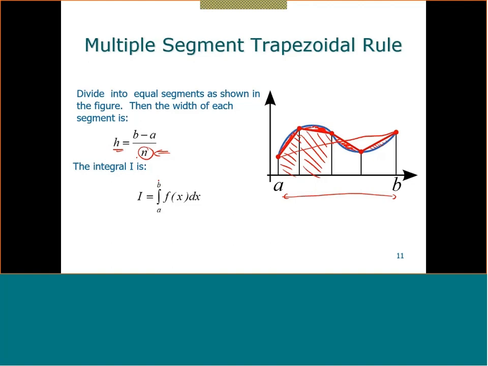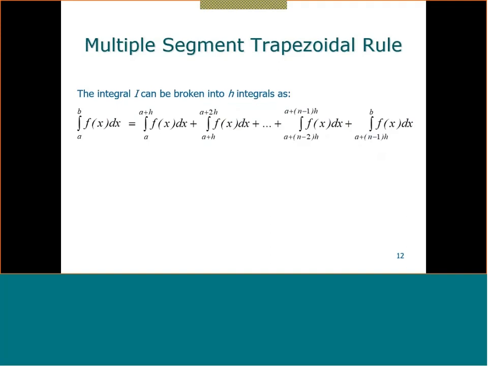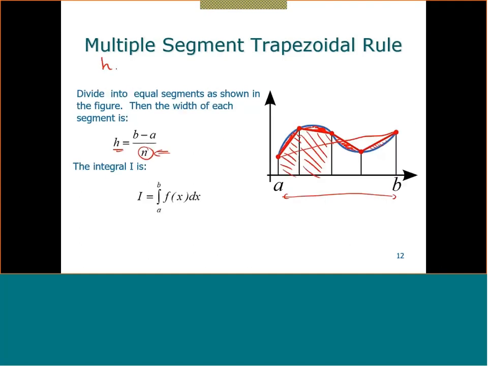Now we need to derive the formula. What will be the formula for that? The formula will be the summation of the smaller integrals. Each area here will have an increment of h, and they are equally spaced.